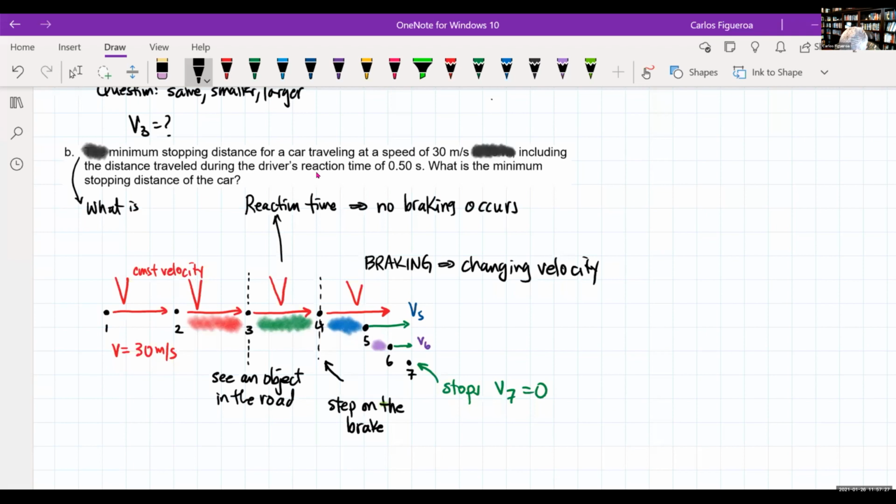Wait a minute, let me see if I can correct this. If I draw 7 a little bit better, then I would want a dot at that point right there. Now, is there a separation between 6 and 7?